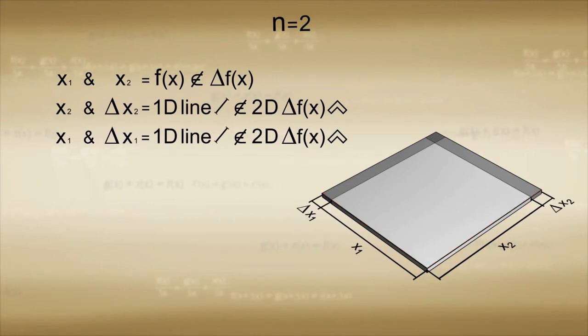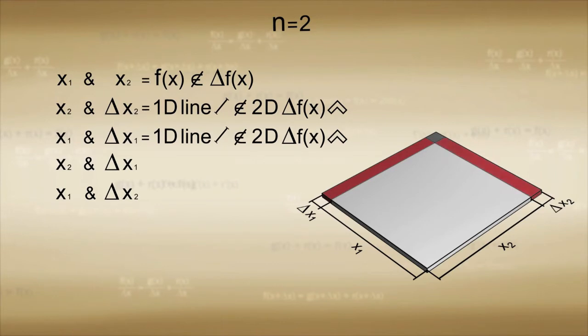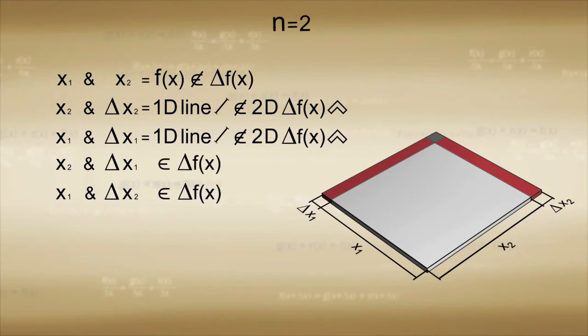After this failed attempt, we try x2 and delta x1, and we are finally met with success. This combination of sides, as well as x1 and delta x2, happen to create volumes which are a part of delta f of x.